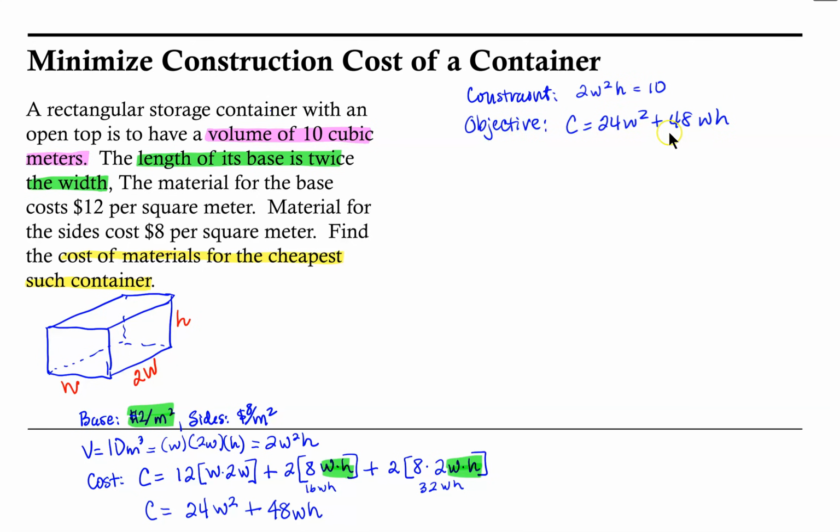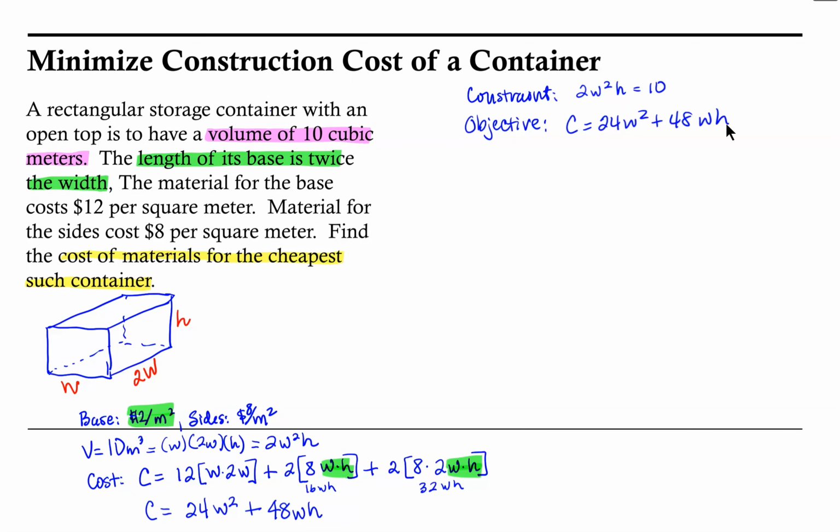Now the function that we want to minimize is cost, but currently cost is a function of two variables, W and H. So let's use our constraint to solve for H and then substitute that in for H in our objective function.